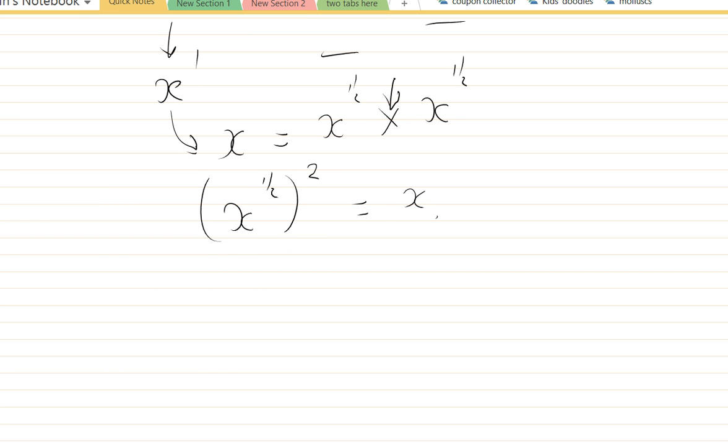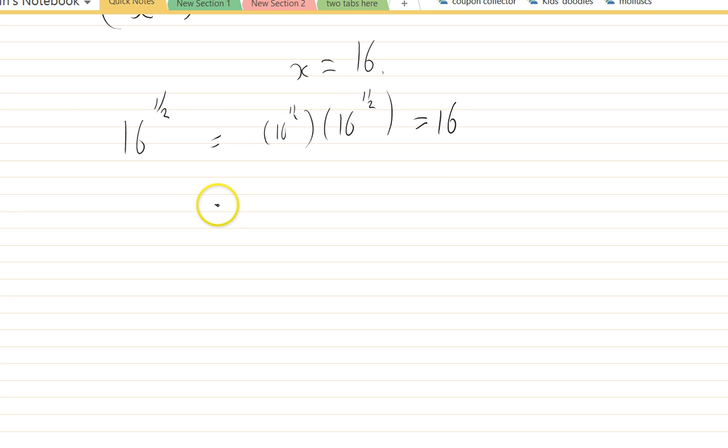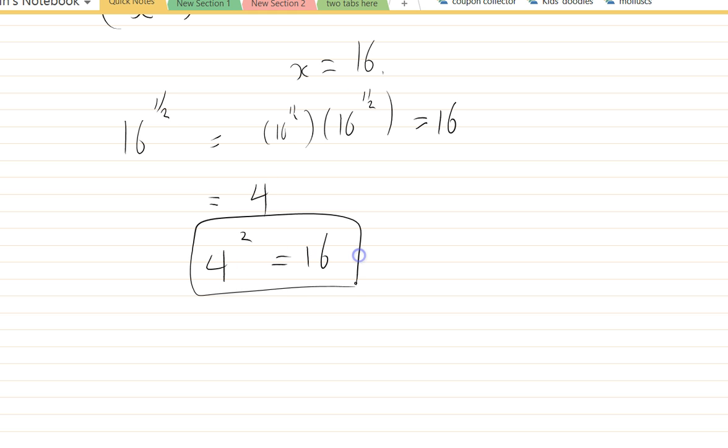That tells us that whatever x is, let's just say x equals 16. Then 16 to the power of half equals something that when you square it by multiplying it by itself, you get back to 16. And of course, that is equal to 4, because 4 squared equals 16.